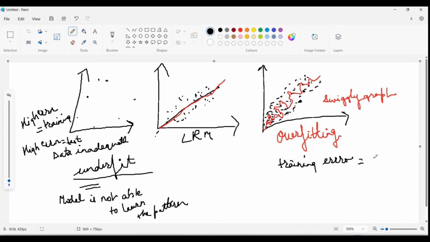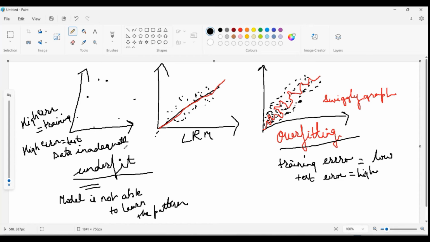Because we have given a lot of data, but the testing error is high. Because you have given so many data points, that's great, but when the machine tries to fit the model, it is overfitting. It is not understanding and it is giving you high errors. This kind of model is known as an overfitting model.